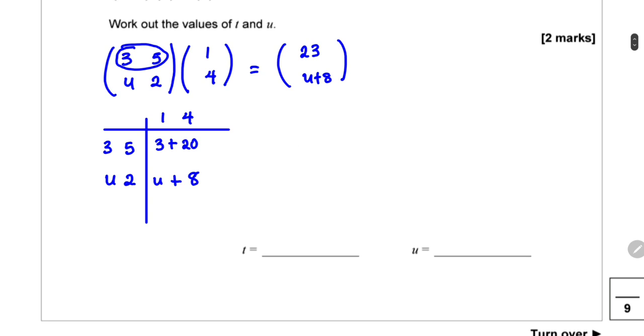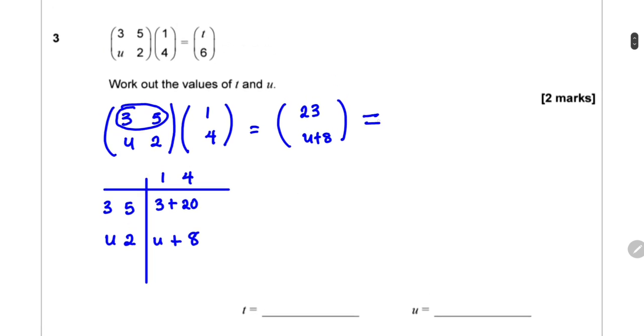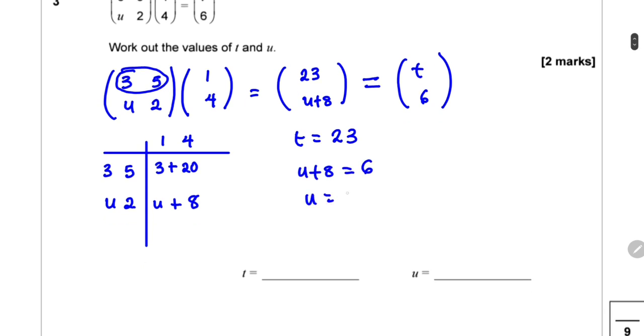Now the implication is that this must be equals to T and 6. So if you check by comparison, you can see that my T is already 23. So I've gotten that. Then I have U plus 8 must be equals to 6, so that U is equals to 6 minus 8. So U must be equals to minus 2. So I have my answers to be 23 and minus 2.